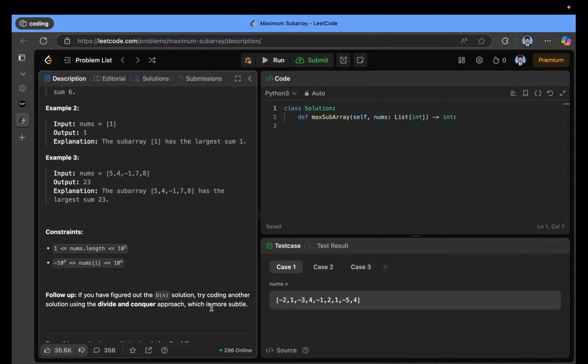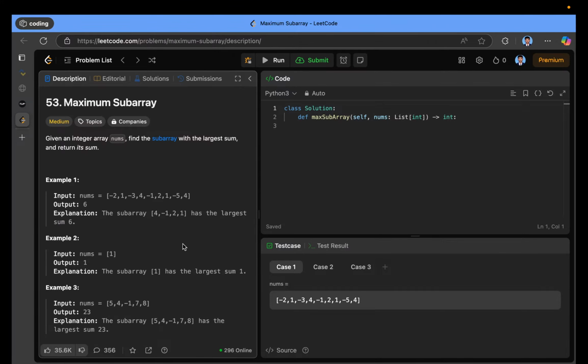Well, seriously, I'm still trying to get the O(n) solution, and you are just telling me to find a different way. Use divide and conquer. Wow. Okay. Now what should I do?